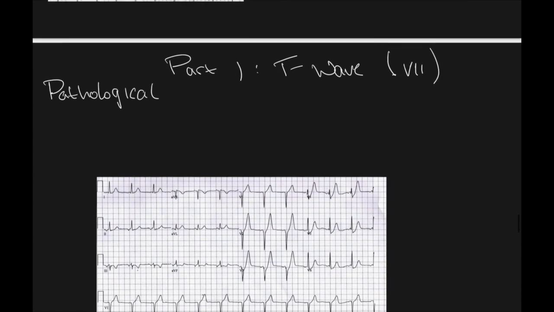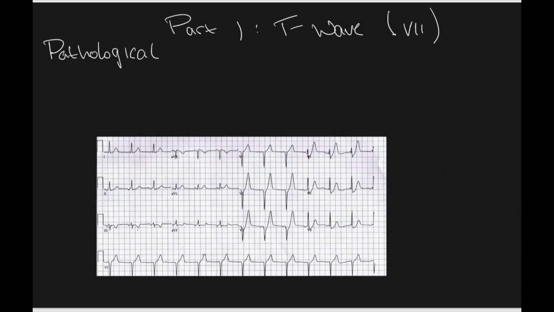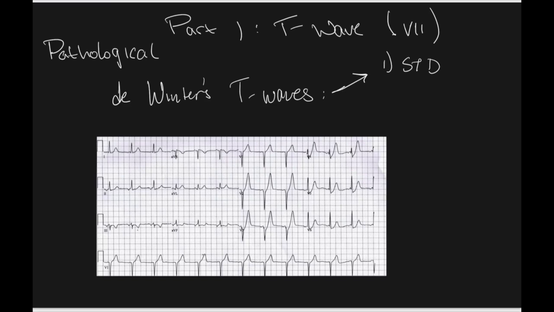And lastly, for the T waves, we have De Winter's T waves. These are a combination of two findings. The first is ST depression, and the second is hyperacute T waves. The classic De Winter's T wave is here in V4.